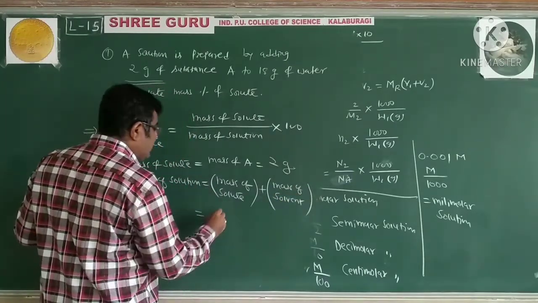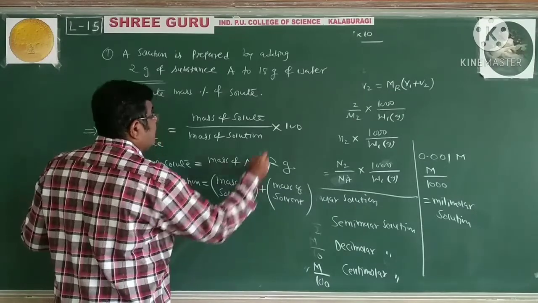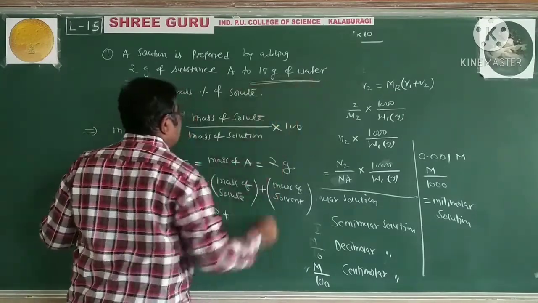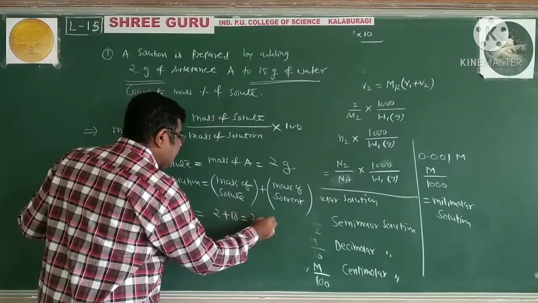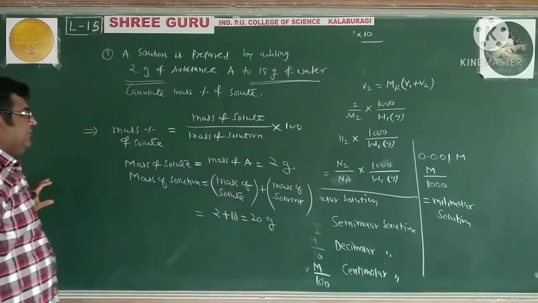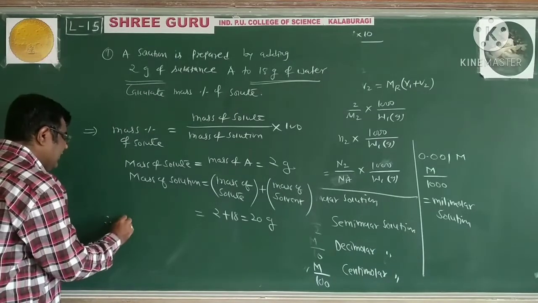Water is the solvent here because it is present in more amount. 2 plus 18 is 20 gram.